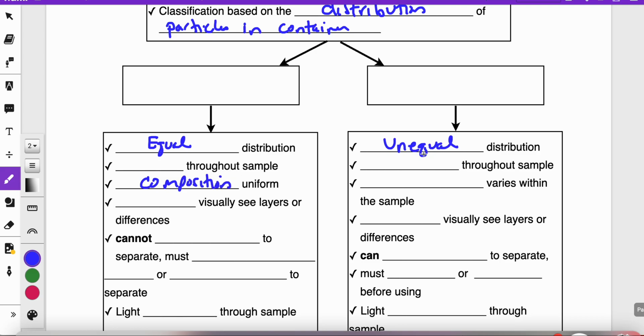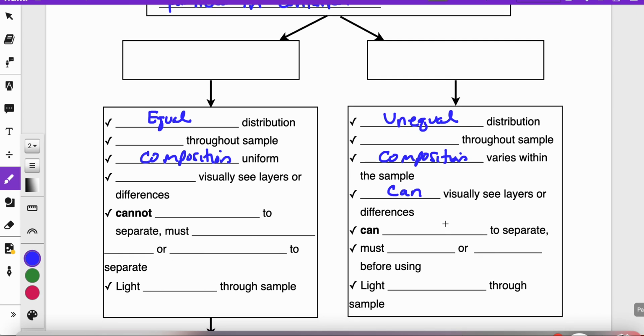But if it's an unequal distribution, then we will see that the composition varies within the sample. We can visually see layers or differences. Whereas if we have an equal distribution, the composition is uniform, then we can't visually notice any differences.